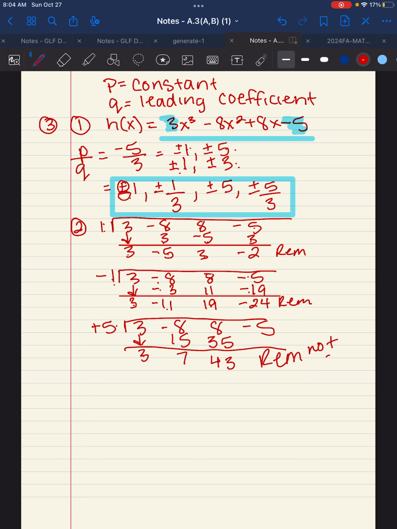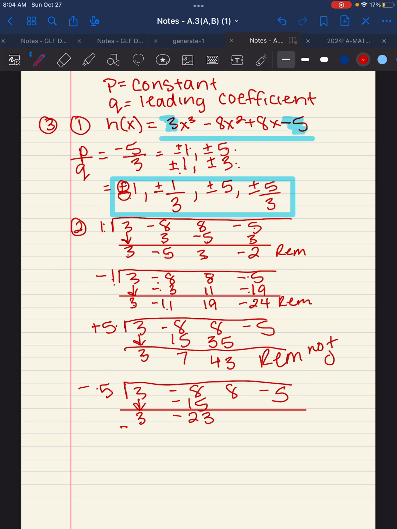Not 0. Okay. Let's try negative 5. Three times negative 5 is negative 15, and negative 8 minus 15 is negative 23. I think this gets me 115, then 123. It's just getting bigger. I know it's not a remainder of 0.